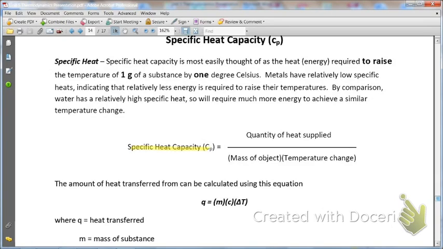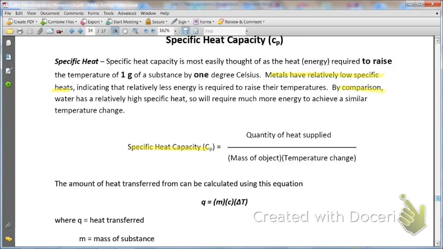All right. Now, going back to looking at specific heat capacity of different materials, usually metals have relatively low specific heats, indicating that relatively less energy is required to raise their temperature.